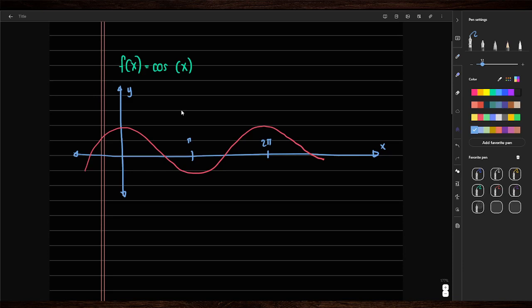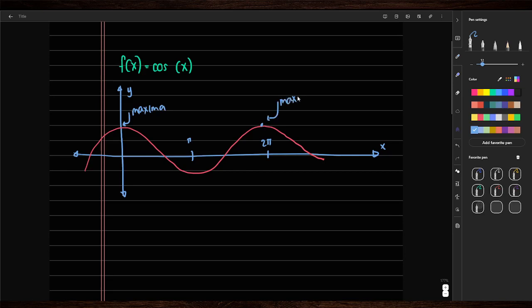What we could see here is that we have multiple maximum values, or maxima, and multiple minimum values, or minima. These are your maxima, this one, and this one also.